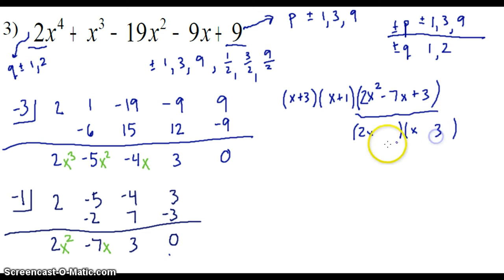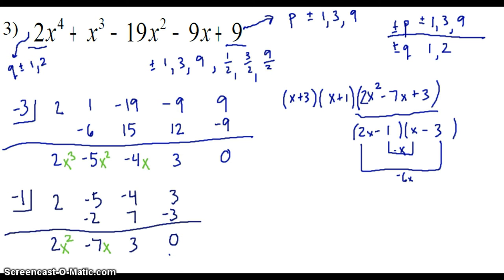I want to put the 3 here so that it groups with the 2, and the 1 here so that it groups with the x, and they're both going to be minus. My outside product is negative 6x, my inside product is negative 1x, and together they make negative 7x, so this is factorable.